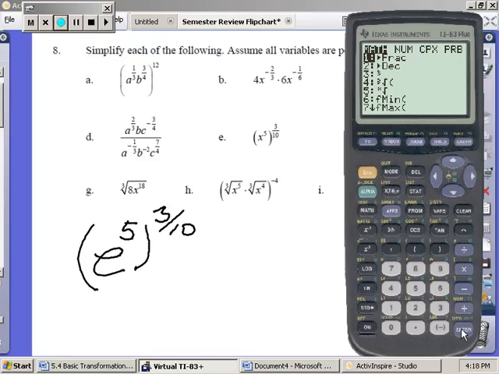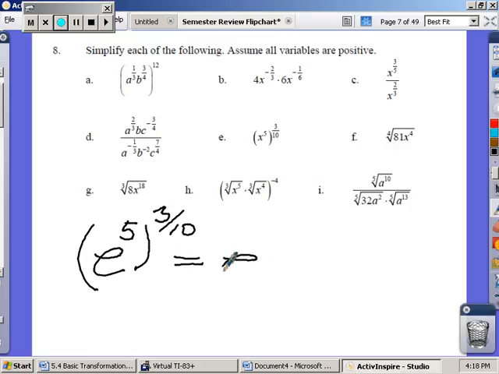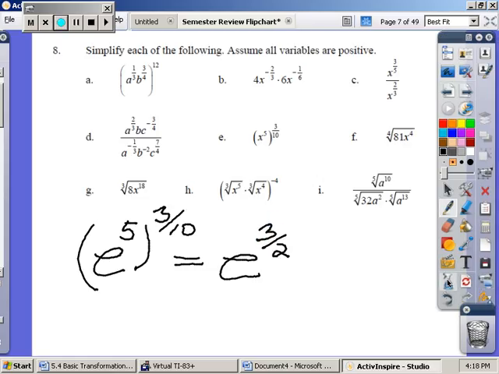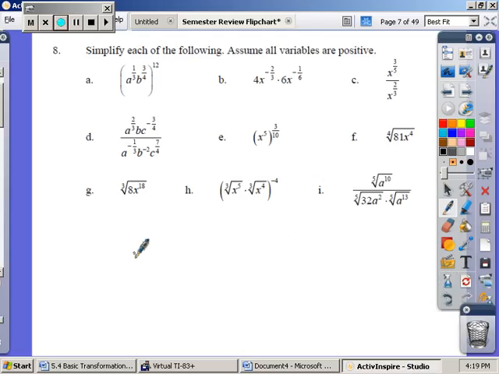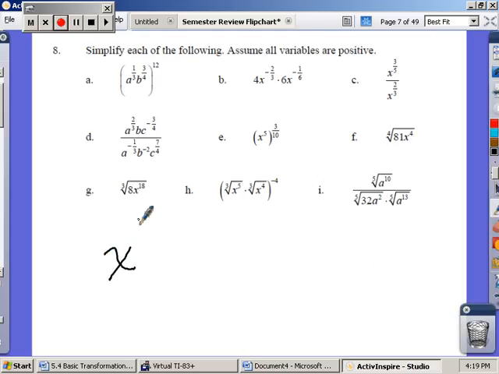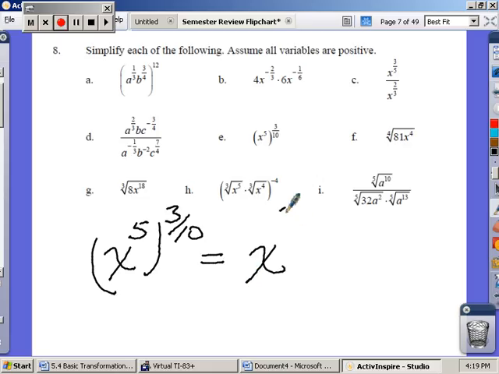Math, enter, enter, 3 halves. x to the 3 halves. I'm sorry, they should be x's. We'll do that one again. x to the 5th to the 3/10 will give you x to the 3 halves.